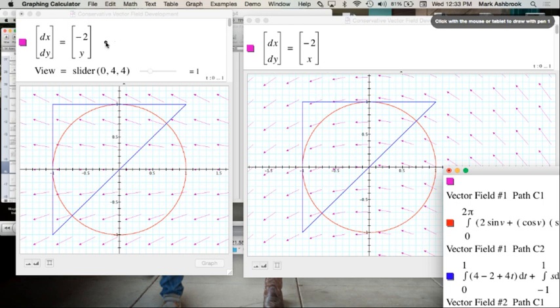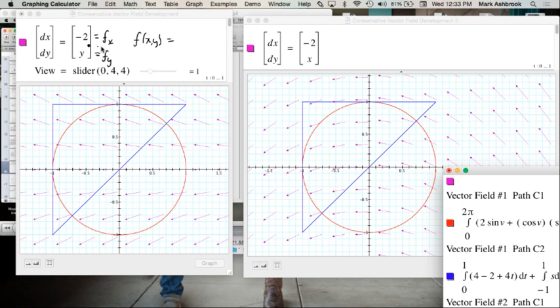So is this a gradient field? This one. How can we tell? If it is, then what is negative 2? The partial with respect to x. And y is the partial with respect to y. So is there one function f that has those partials?